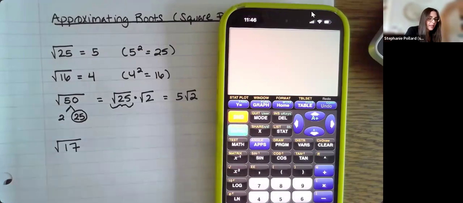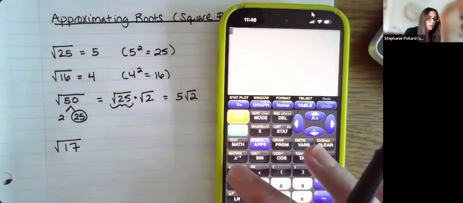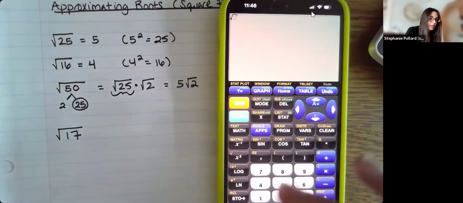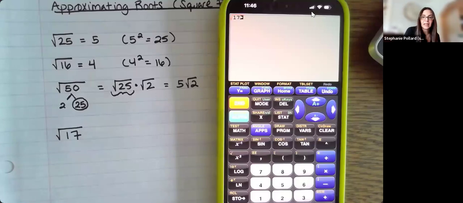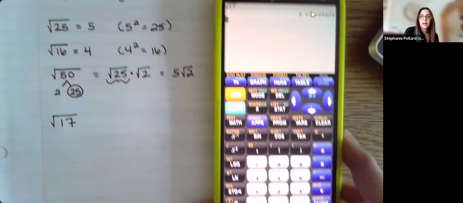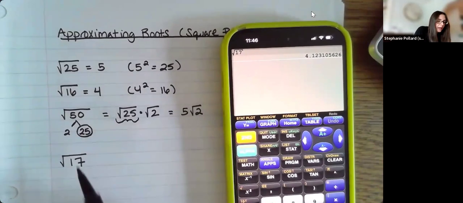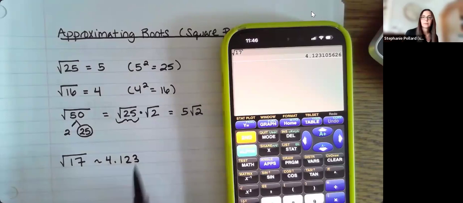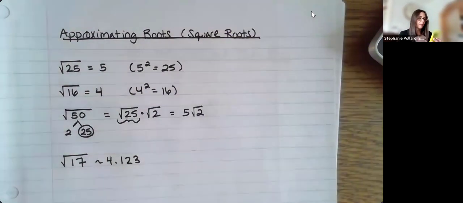So what I would do is hit second and then where that square root key is, and then I could just go ahead and type in 17. And when I'm ready, I can go ahead and hit enter here, and it will give me the approximation. So I get about 4.123.